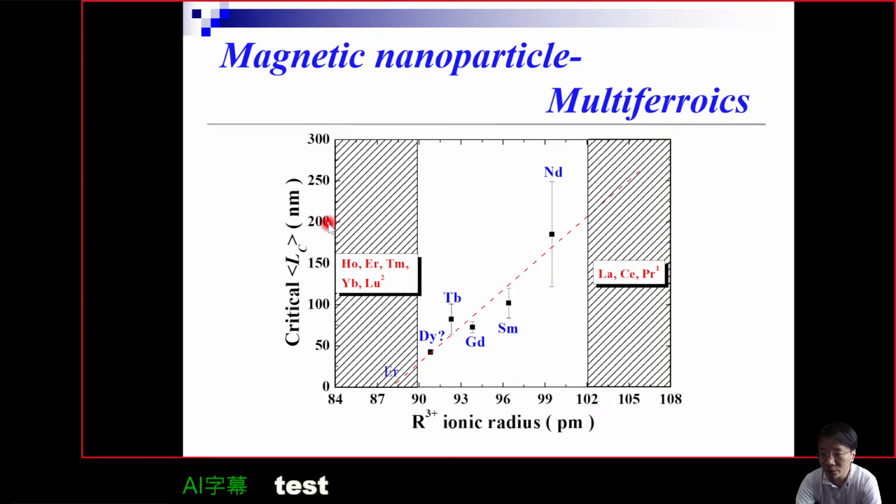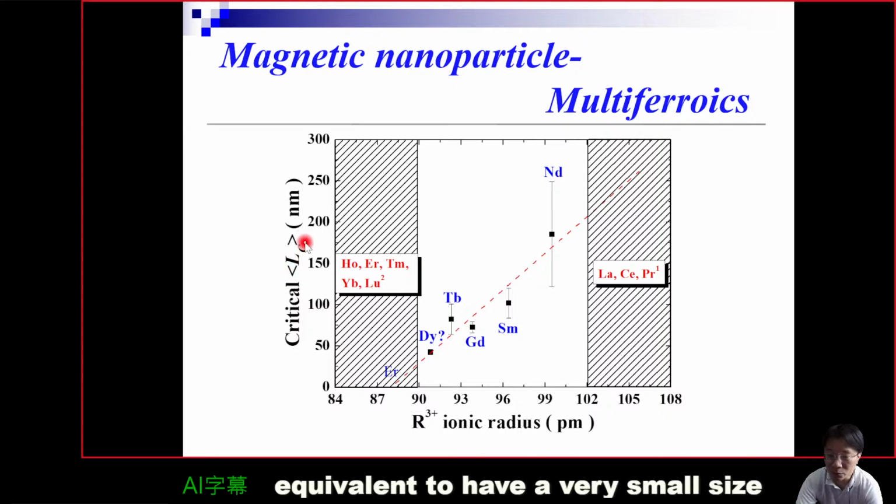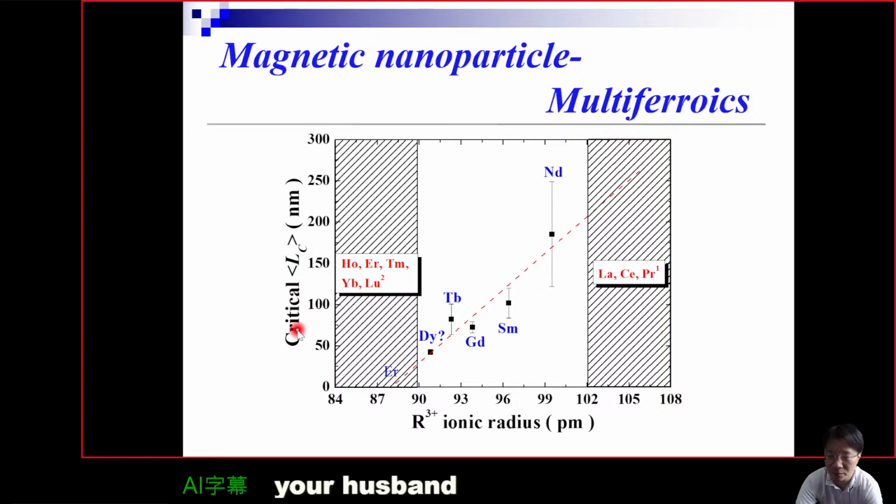It seems to tell us that if we want to look for RMn2O5 type 2 multiferroics without any critical length, that means even if you have a very tiny size, it will still hold magnetic ordering. That would be very ideal for making magnetic memory.